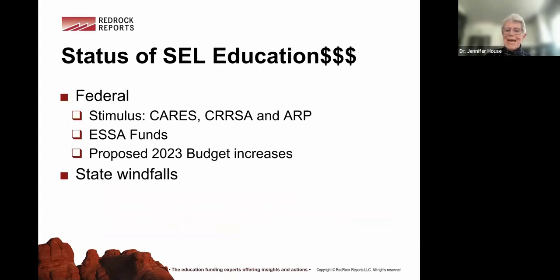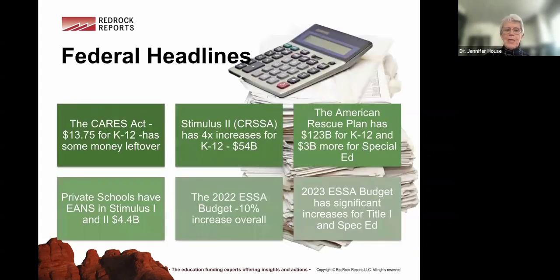So I'm going to talk about the status of SEL education, federal, the stimulus, the three funds, the CARES Act, the CRRSA, and the American Rescue Plan, the ESSA funds, and I'm going to talk about the proposed 2023 budget increases because we're already looking at that budget as well as some state windfalls.